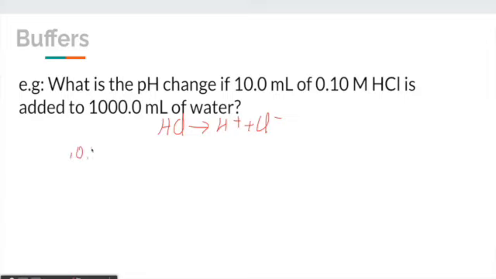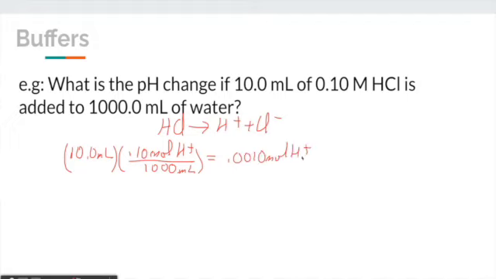Let's say we take our 10 milliliters and we multiply by our molarity, which is 0.10 moles of H+ in every 1,000 milliliters. And that gives us 0.0010 moles of H+.